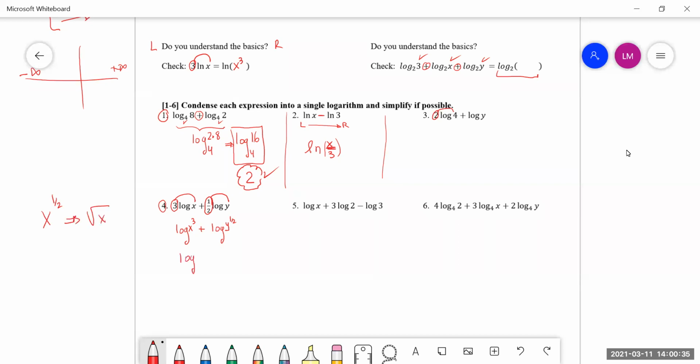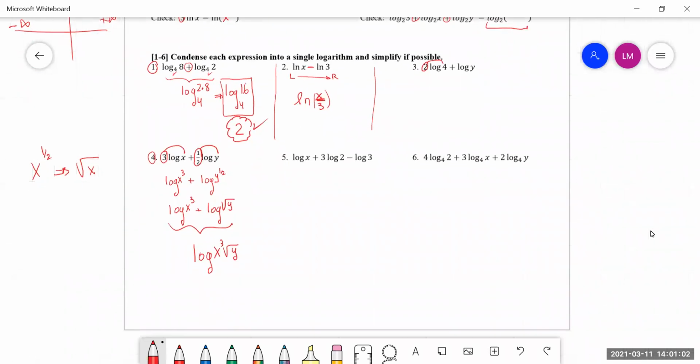Log base 10 of x cubed plus log base 10 of the square root of y. Now I'm done putting all the powers back to where they belong. Now I can condense into one single logarithm. It is log base 10, as it is invisible, of x cubed times square root of y. Okay, so there we go. We condensed it.